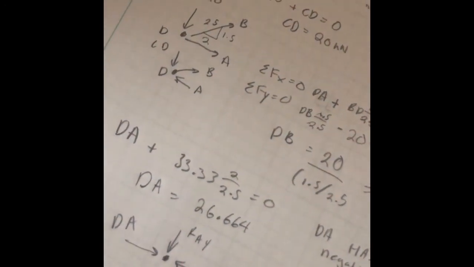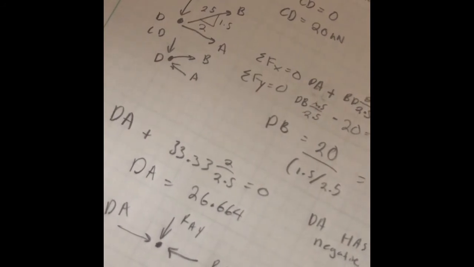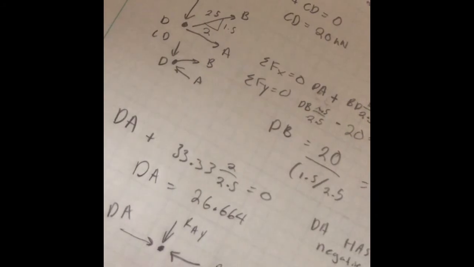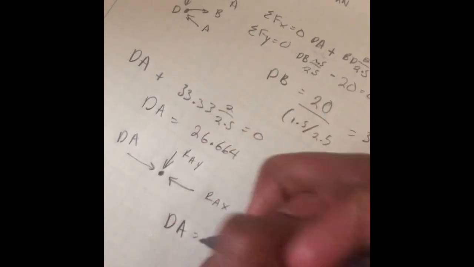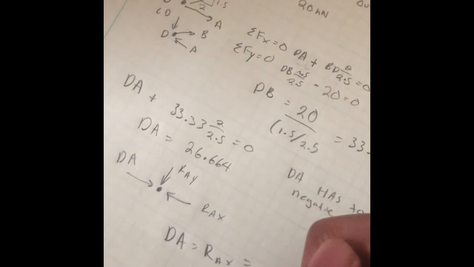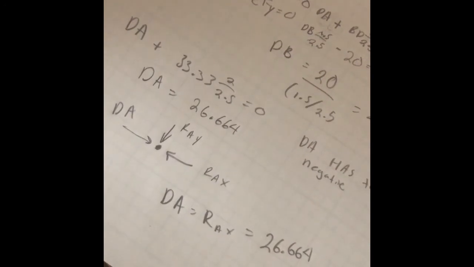Setting this in equilibrium, I wouldn't have to do much work. All I have to do is say Fx equals 0 and label my two Fx forces, DA and RAX, and set them equal to each other, which would be DA equals RAX, which is equal to 26.664, because they're in equilibrium, they must balance out.